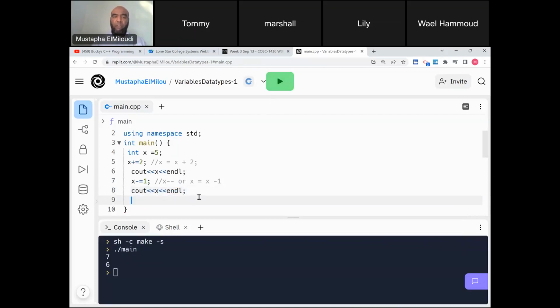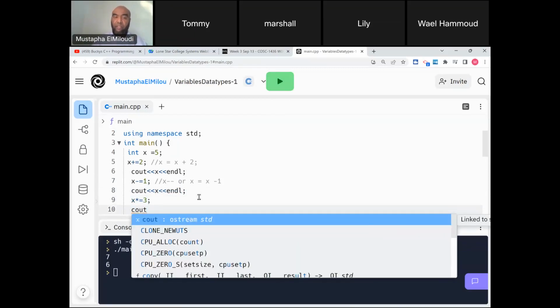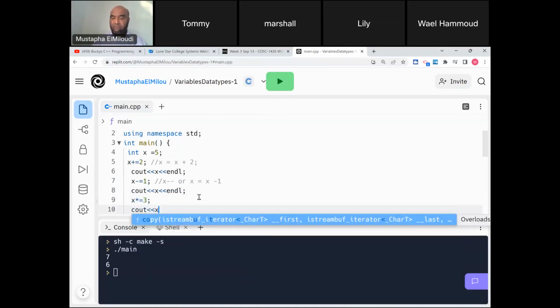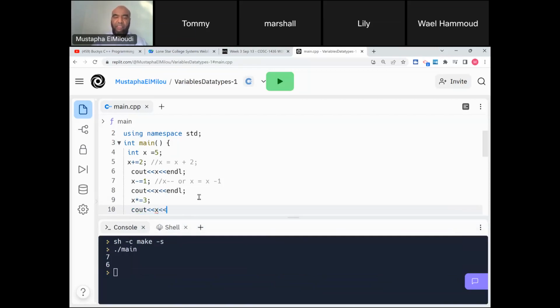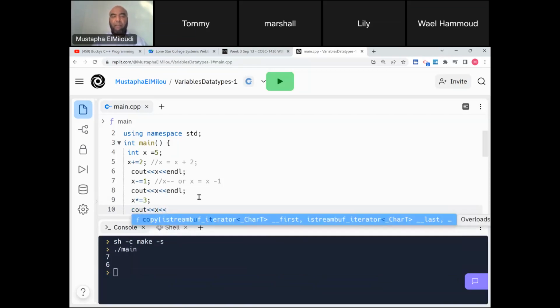Let's say I want to multiply now. I'm going to put multiply, which is the asterisk, equal 3. So what I did, I just multiplied 6 by 3. Now the value of x is 18. Why? Because I just multiplied it by 3.